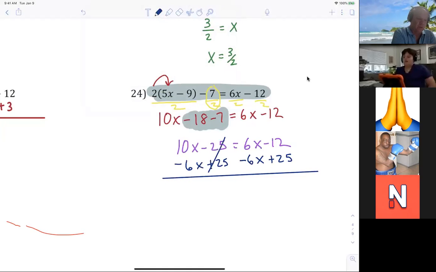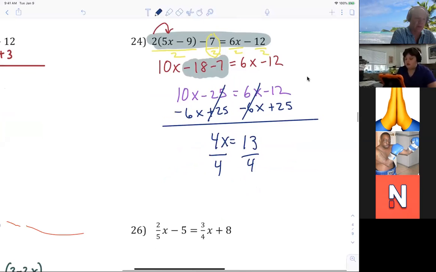So these cancel, and I now have 4x equals 13. Now I divide both sides by 4, and I have x equals 13 over 4.